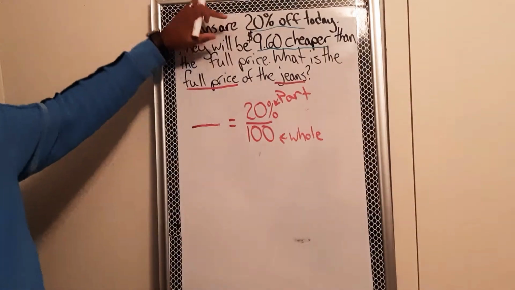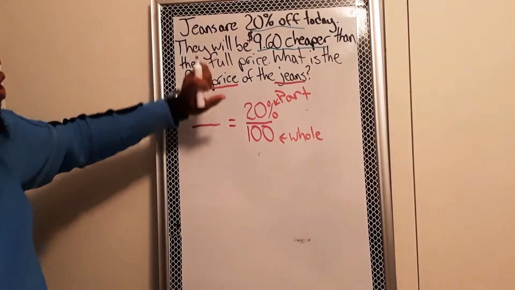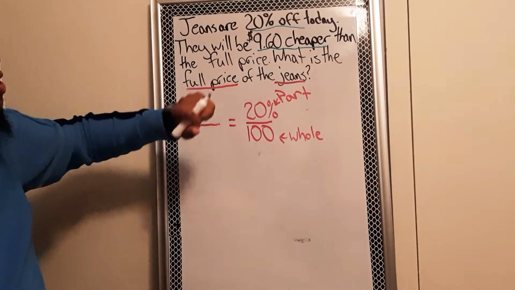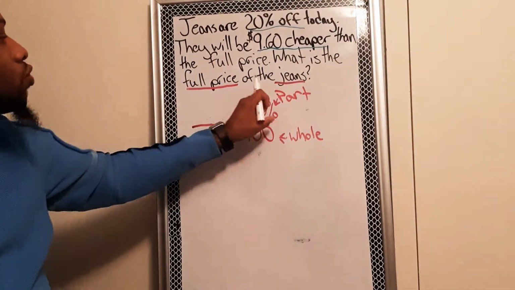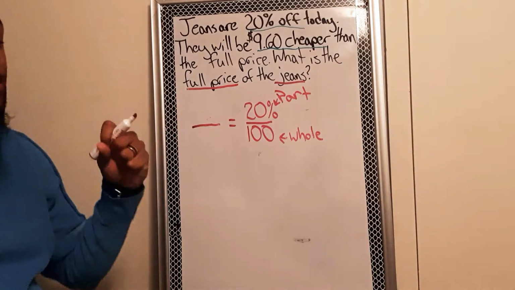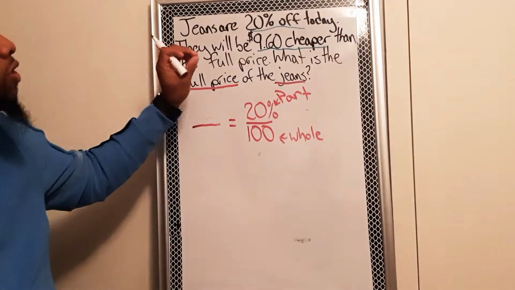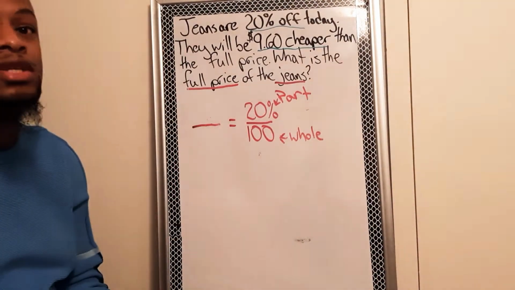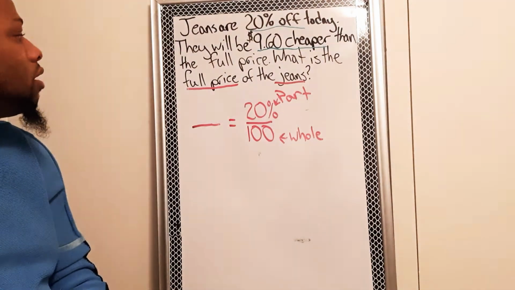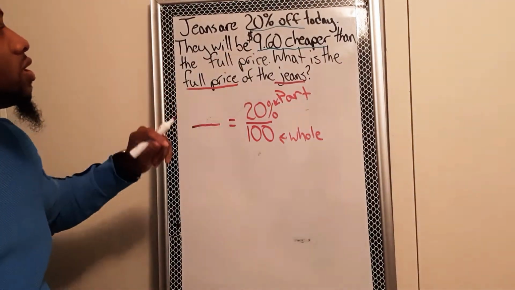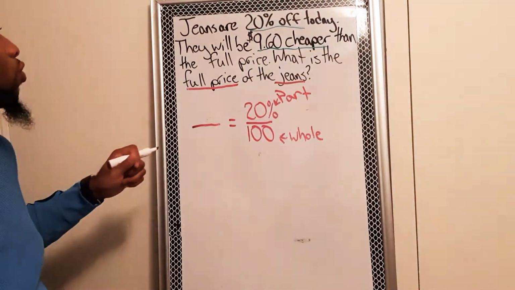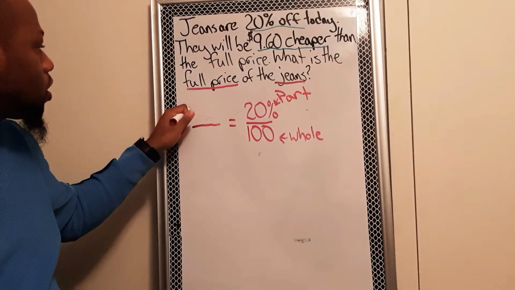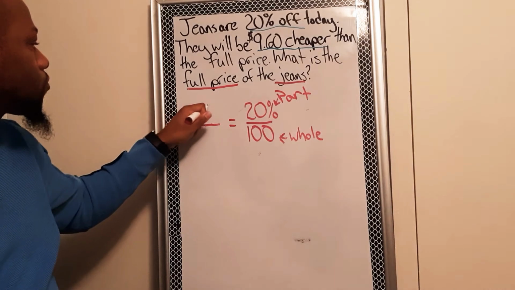Okay? So since I said these two, 20% off and $9.60 cheaper, are equal to each other, meaning that if I take 20% off the total price, that's the same thing as me taking $9.60 off the total price. So $9.60 is obviously the part that I'm taking away from the total price. So it's also going to go into the numerator.